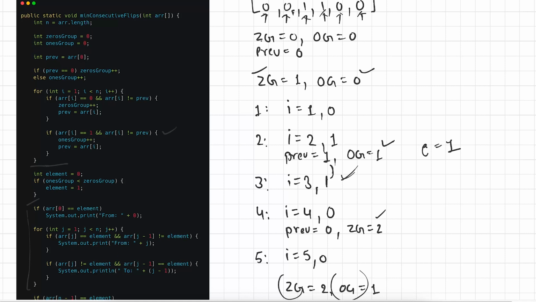But this time ARR of j-1 is not equal to element. So in the next if condition we are checking if ARR of j is not equal to element or not, and this time ARR of j is not equal to element. The first condition is true, but the next condition is ARR of j-1 is equal to element, but ARR of j-1 is 0.